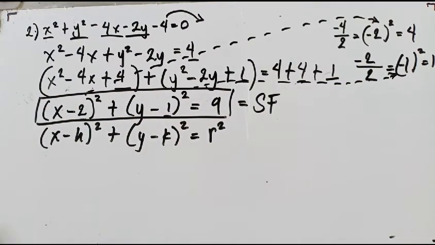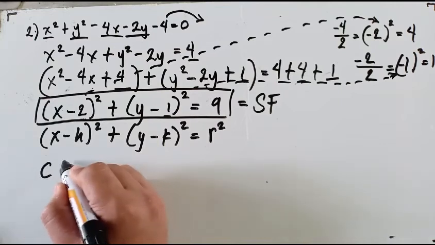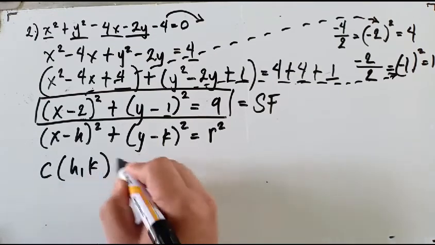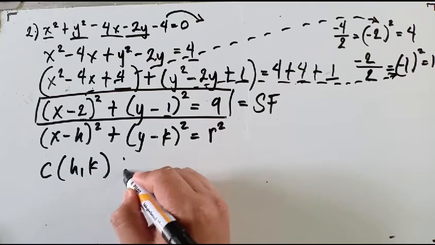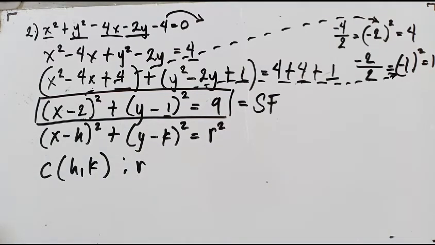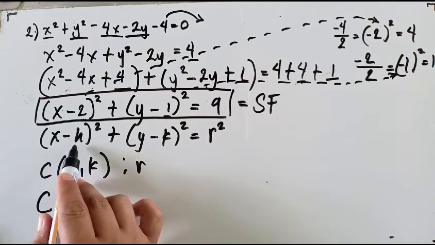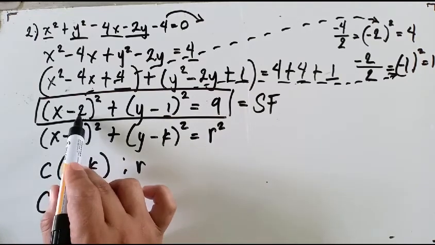Now, another thing we need to know about the equation is the center of the circle, which is (h, k), and the radius of the circle, which is r. The center, based on the form, is the value of h. What is the value of h? We have 2.